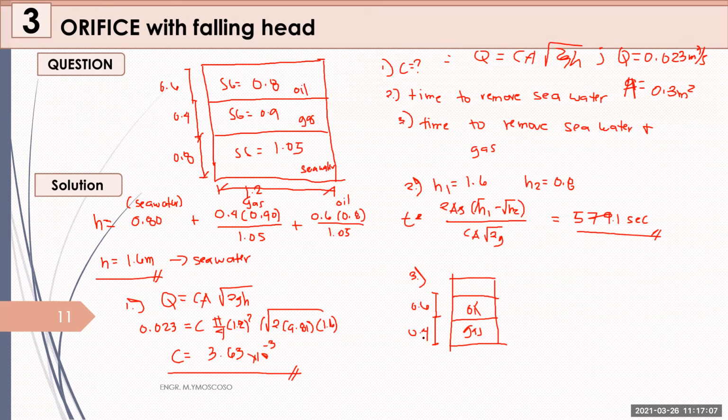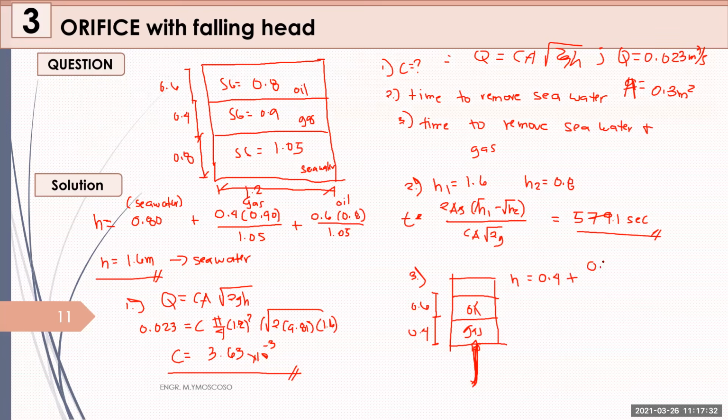So, i-convert naman natin ngayon yung mga fluids natin lahat as one, which is yung gas natin. Kasi yung tubig daw natin, hindi ko pala na-mention kanina, yung mga fluids natin ay mag-flow galing sa ilalim. So, therefore, you have your new height, which is H is equals to 0.4, yung gas natin. Tapos, yung oil, i-convert natin into a gas. Paano nga yun?